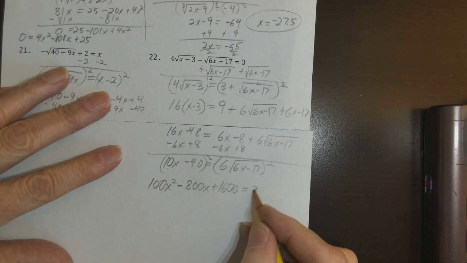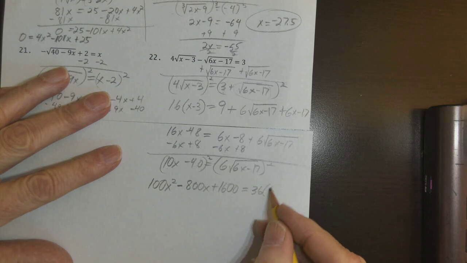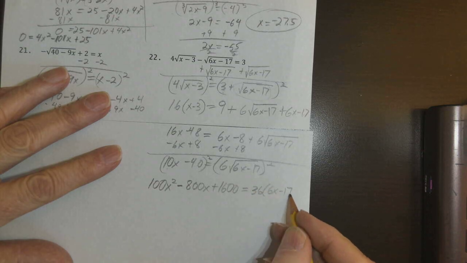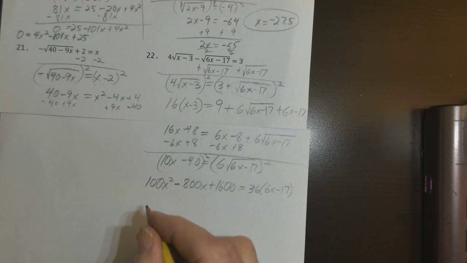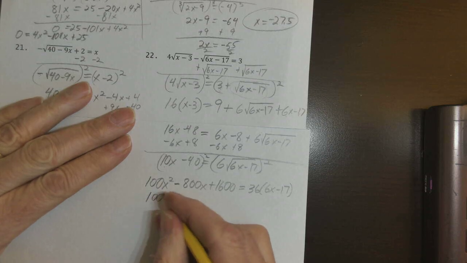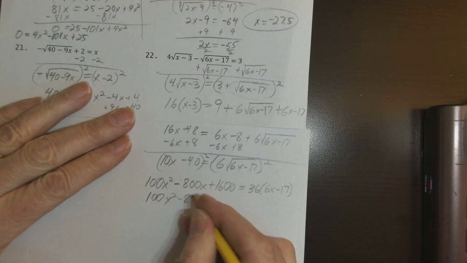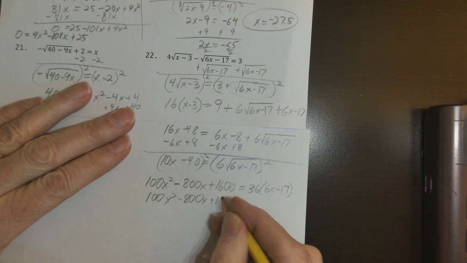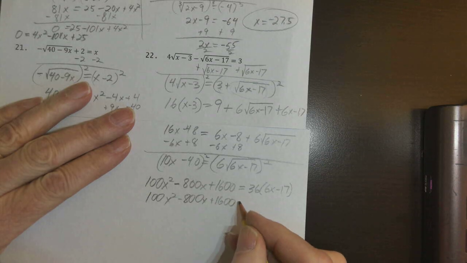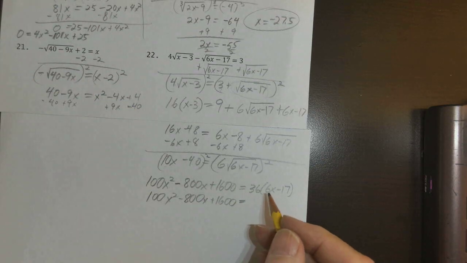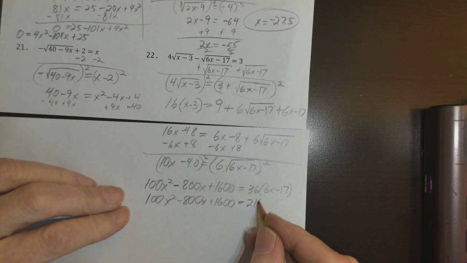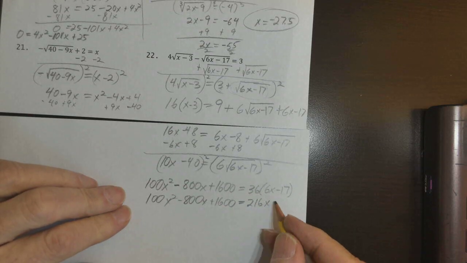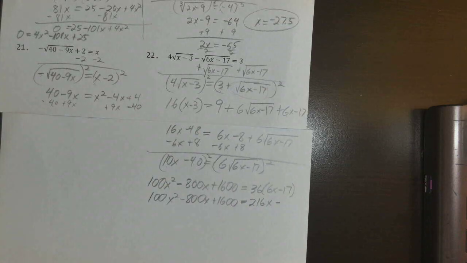That's equal to 36 times 6x minus 17. 100x squared minus 800x plus 1600 equals 216x minus, I'm going to give in.